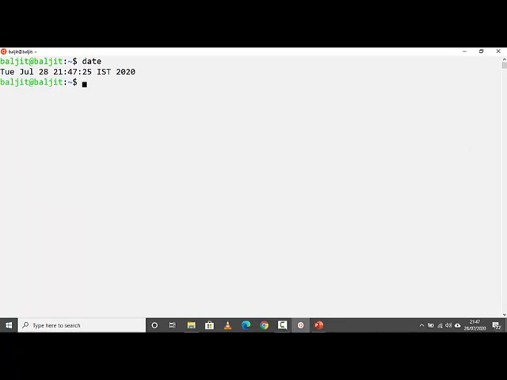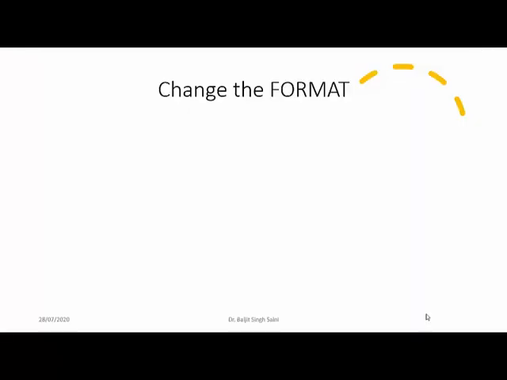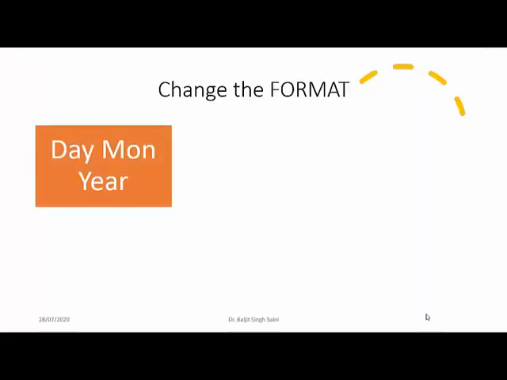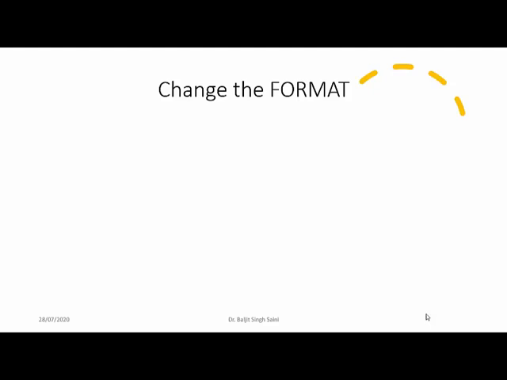The output is in a fixed format and the format is weekday followed by month, date, time, time zone and year. Now this is a fixed format. You will always get the output in this format only. So the first question that comes to our mind is how we might change this format.